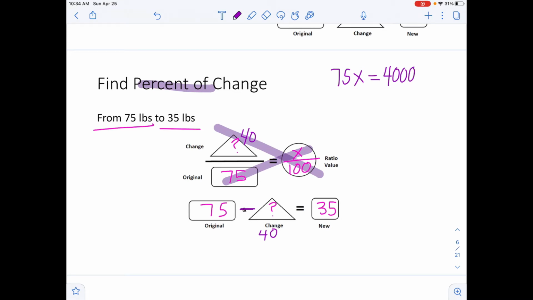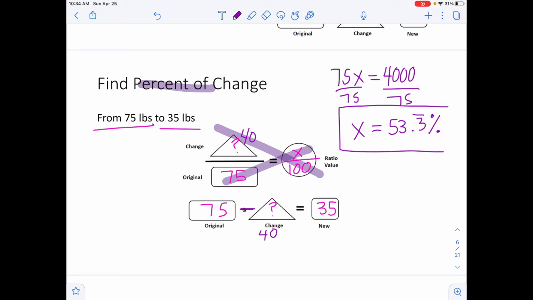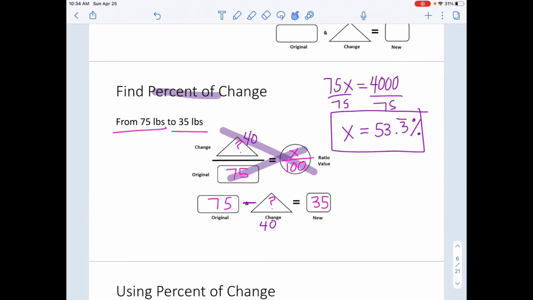Now to solve for x, I'm going to divide both sides by what's in front of the variable. So divide both sides by 75, and I'm left with x equals 53.3 repeating percent. So it decreased 53.3 repeating percent.